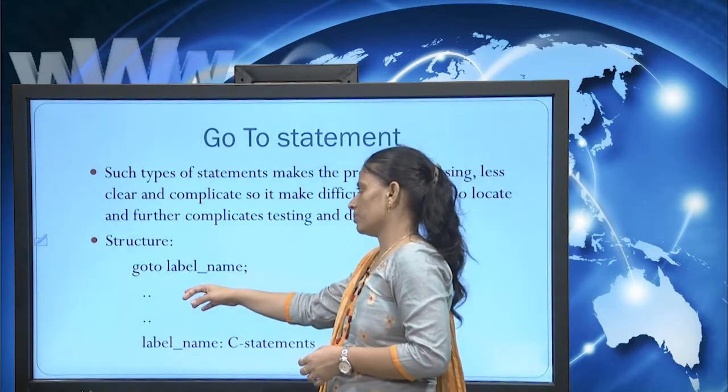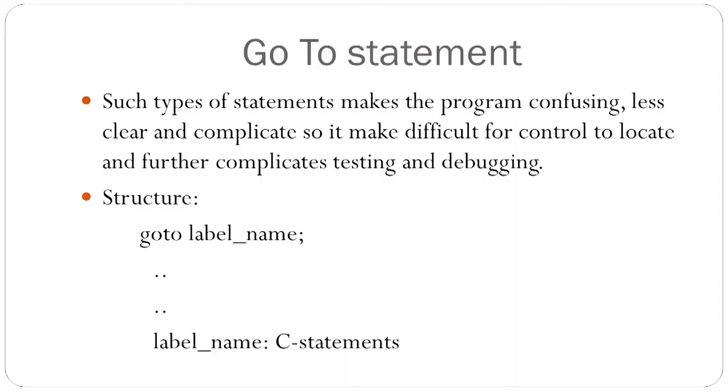The basic structure of a goto is this: somewhere within a program, we provide a label name, and with a colon we define that this is a label, and then it is followed by a number of statements.